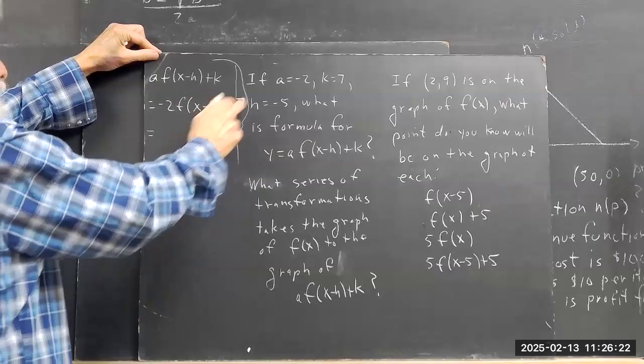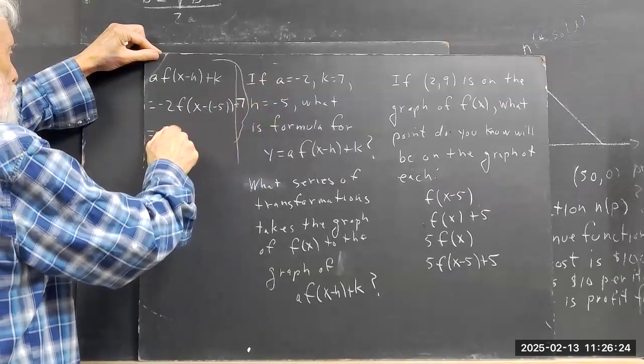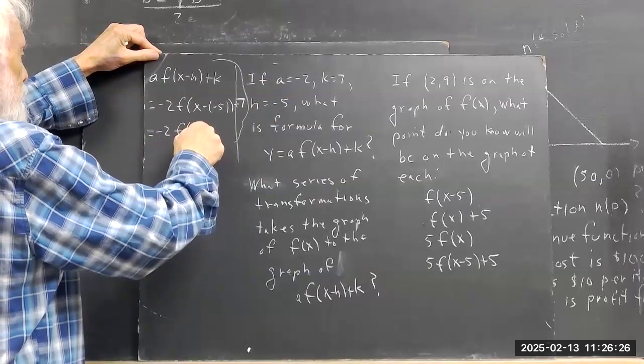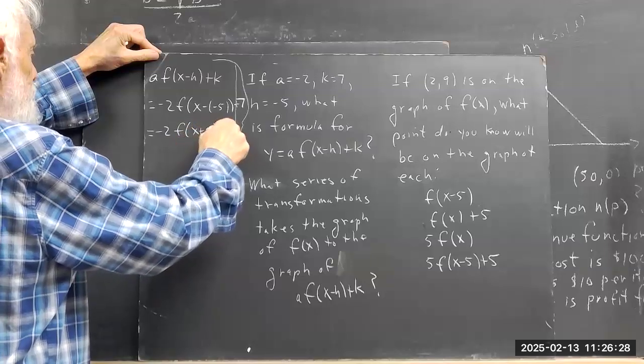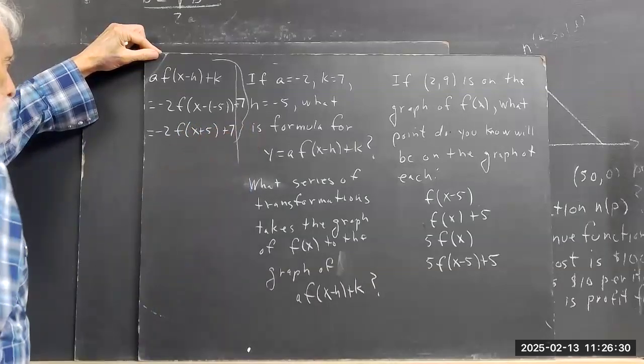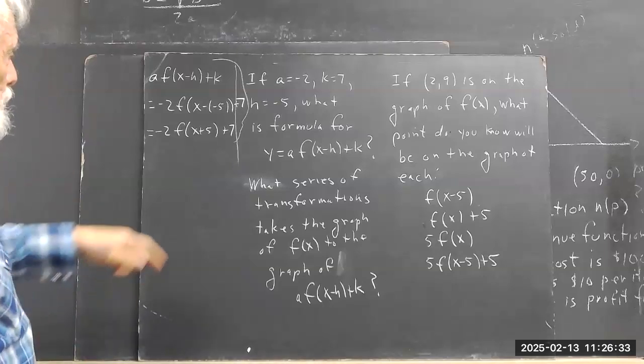So you just plug in the numbers. It's going to give you negative 2 f of x plus 5 plus 7.